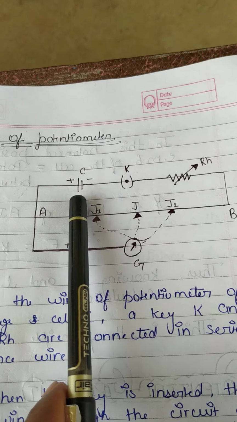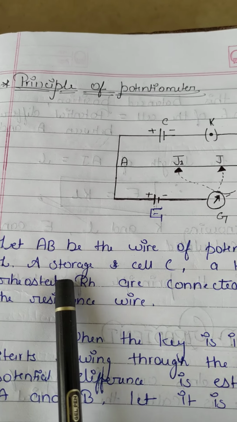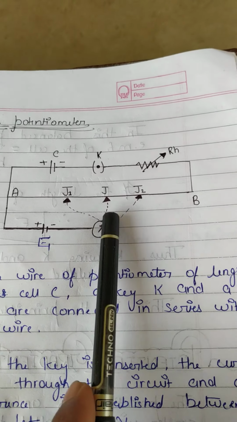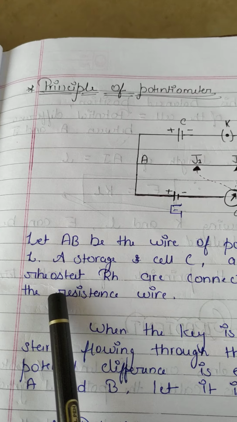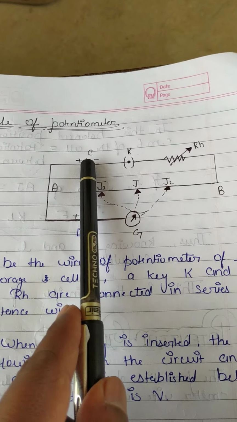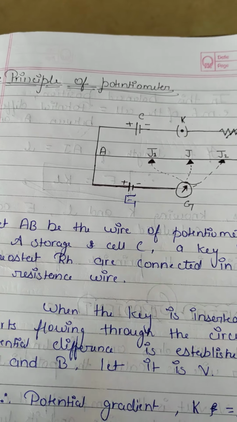Let AB be the wire of the potentiometer of length L. The storage cell C, key K, and rheostat RH are connected in series with the resistance wire.